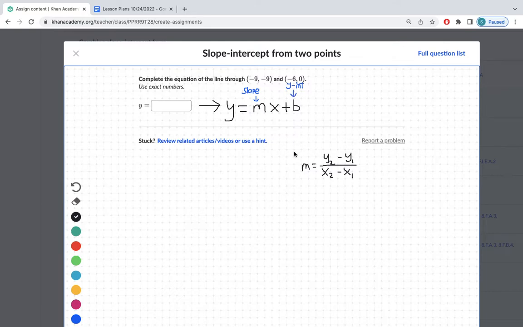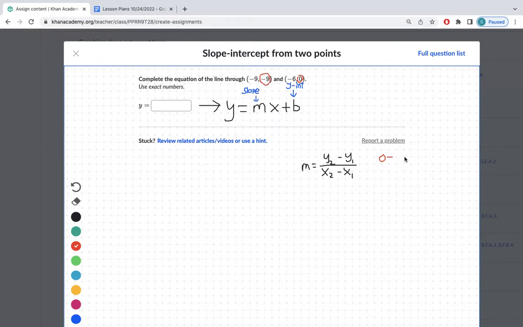So the first thing that we're going to do is find the slope. How we're going to do that is use these 2 points on the line from up here. We're going to take our 2 y values, which are 0 and -9, and take the second y value, which is 0, and subtract from it the first y value, which is -9.